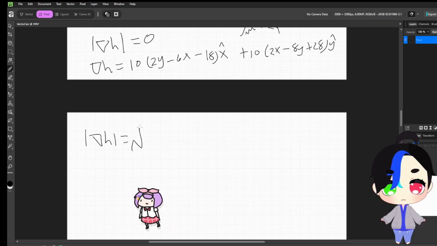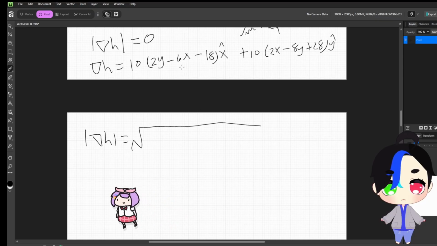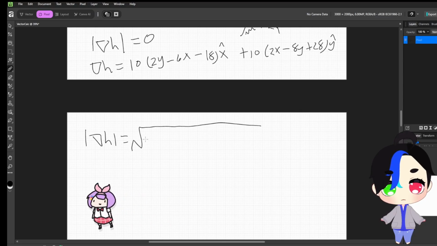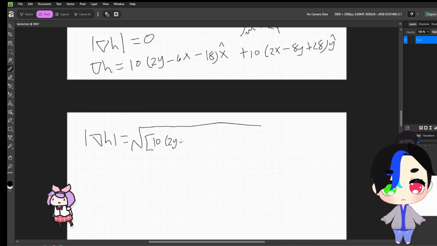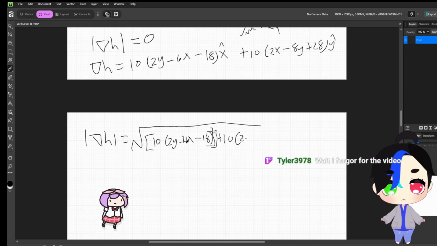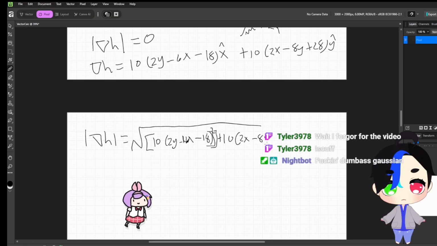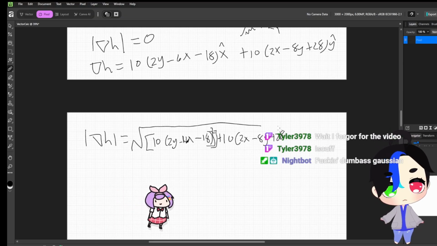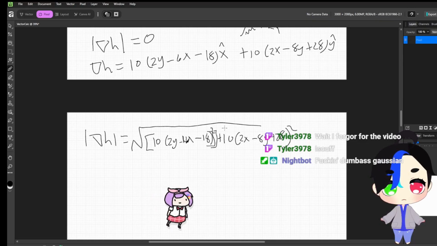So the magnitude is the square root of these components squared. 10 times 2y minus 6x minus 18, squared, plus 10 times 2x minus 8y plus 28, squared.